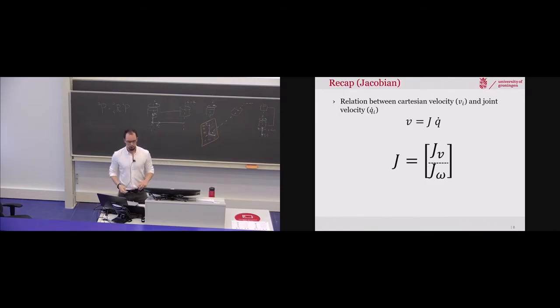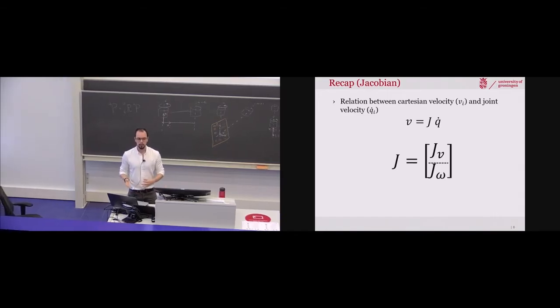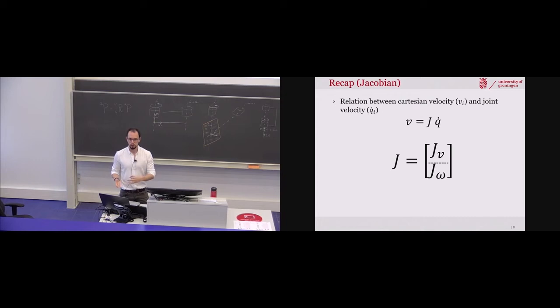Why is it very useful? Because a lot of times you don't want the end effector to move too fast or too slow, or you want it to have a certain behavior or to follow a certain trajectory. But at the end of the day, what you can control are the joints. So usually you can impose some velocity over the joints, and you want to understand how this velocity translates into a velocity of the end effector.